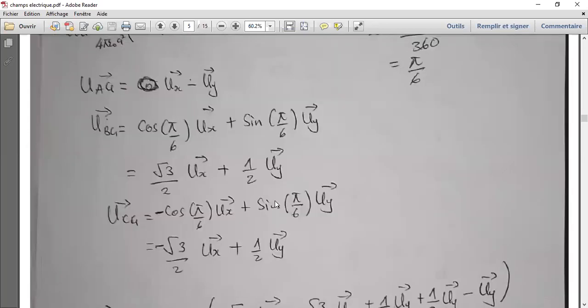The positive sine pi over 6 is just the same as half, and the cos term is just the same as negative square root 3 over 2 ux. I don't know if it's clear up to there. So I bring in the uy and the ux. Is it clear?